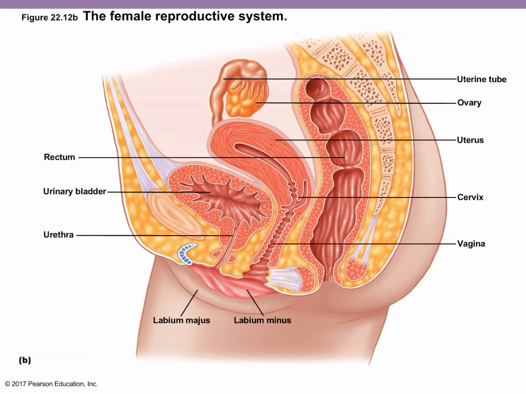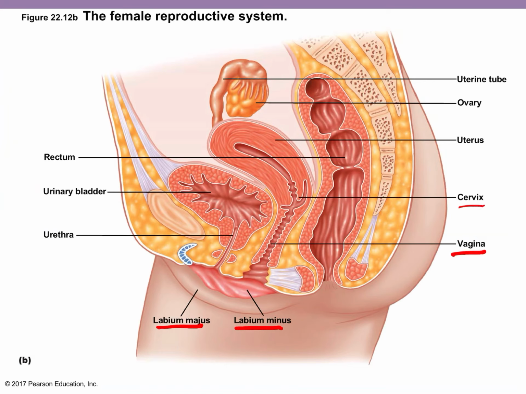This is just a quick review again of the female reproductive tract. So the vulva involves the labia majora. The labia minora are the smaller folds of skin forming the external genitalia. Then we have the vagina here, right? So it's a fibromuscular tube.